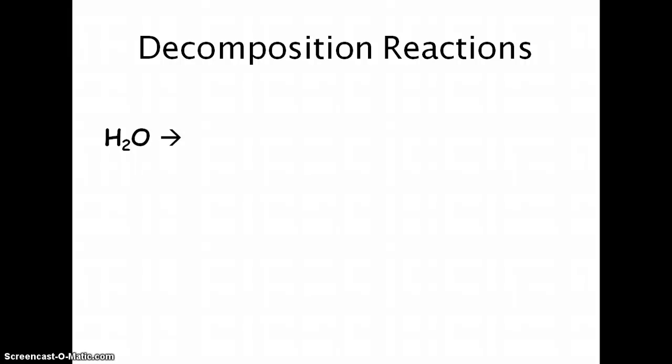All right, then we're going to look at this one. This one should look familiar to you. But you have H2O, and H2O is going to break down into hydrogen and oxygen, and then evaluate if they're diatomic, and they both are, which means that balancing would look like that.